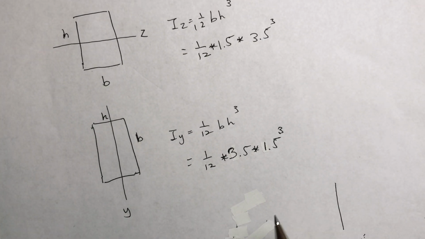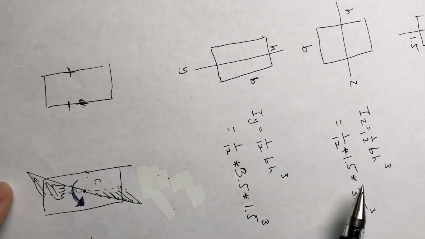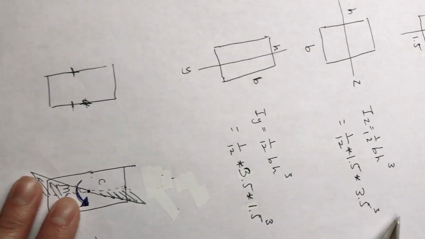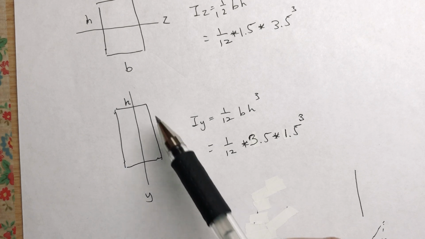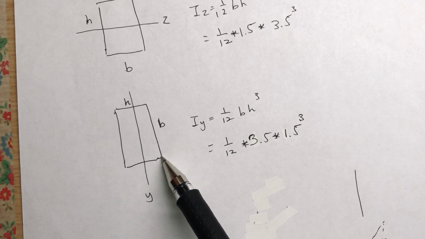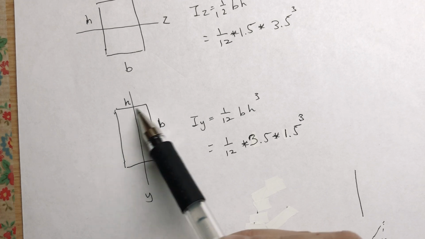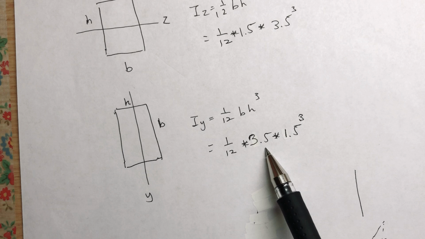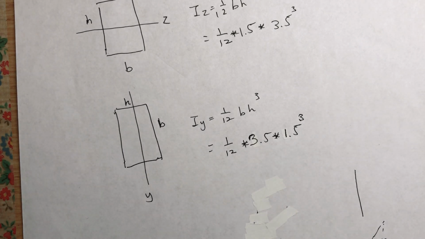When it's about the y-axis, b is now this length, so b is 3.5 and h is 1.5. So that's 1/12 times 3.5 times 1.5 cubed.